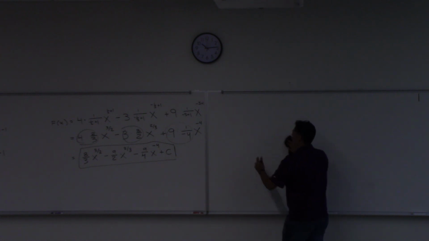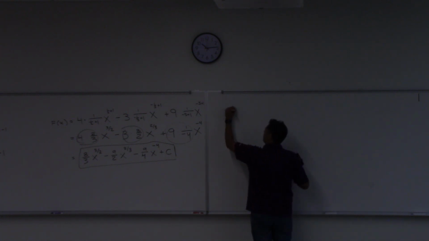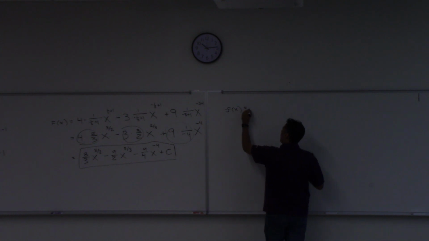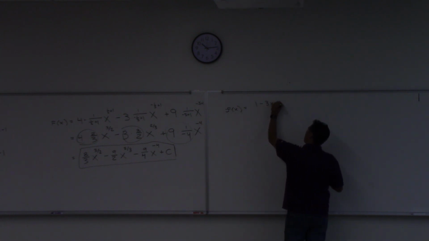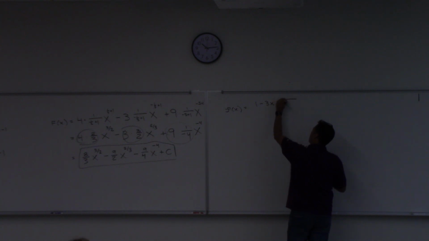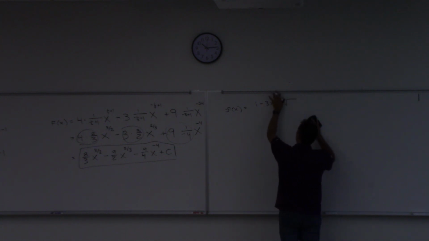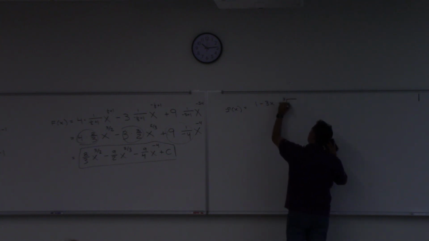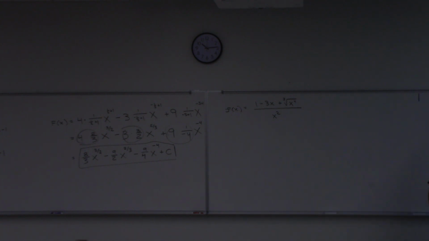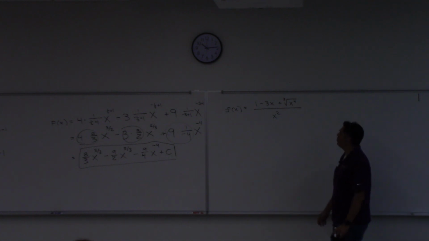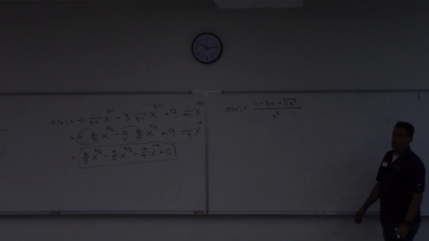How about this? One minus 3x plus the cube root of x to the fourth, all of it over x squared.